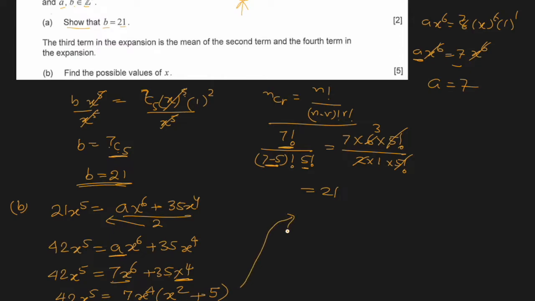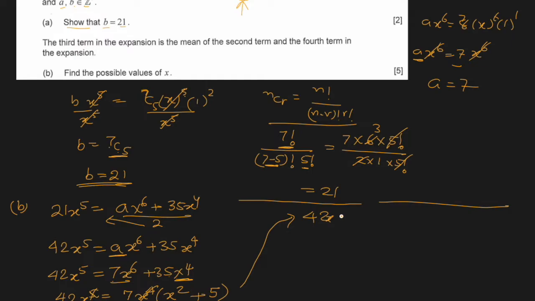Divide both sides by x to the power 4 so that it is simplified. So x to the power 4 cancels here, and this 4 cancels with 4 x's, so we're left with only x here.